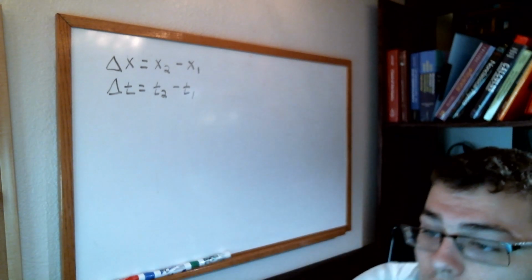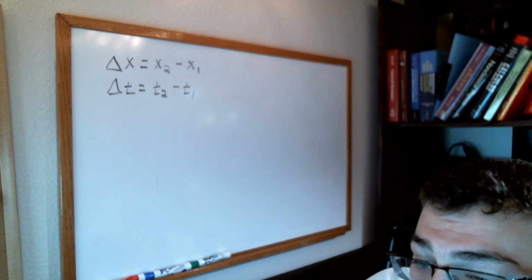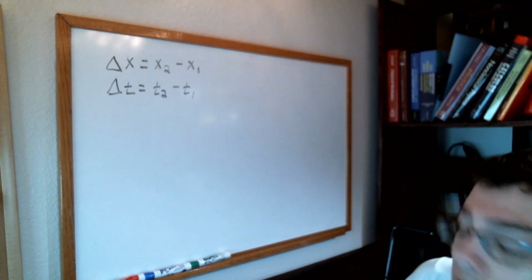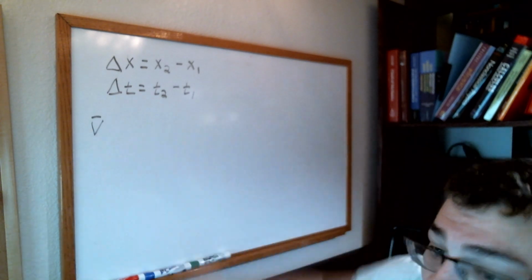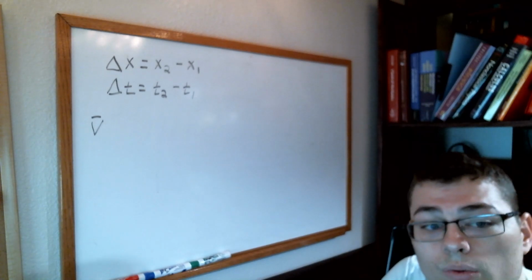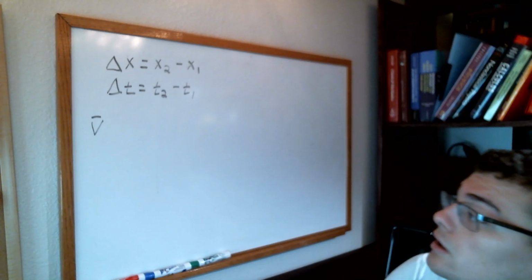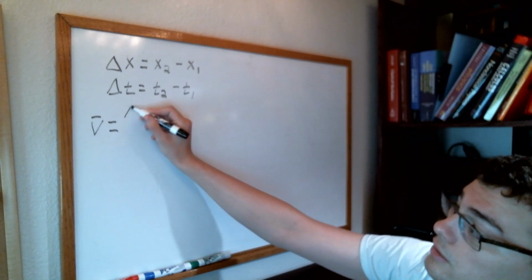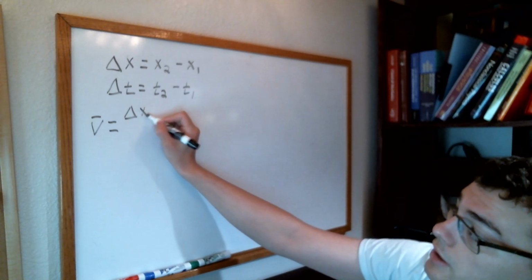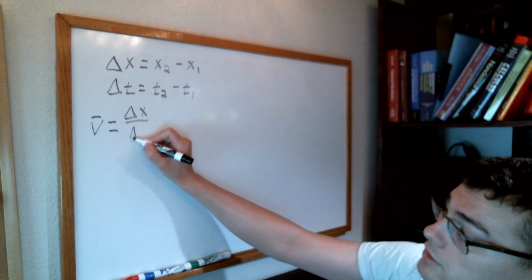And so then what we can do is a little bit later is we can say that our average velocity, or v bar, as I always saw it in my classes, is delta x over delta t.